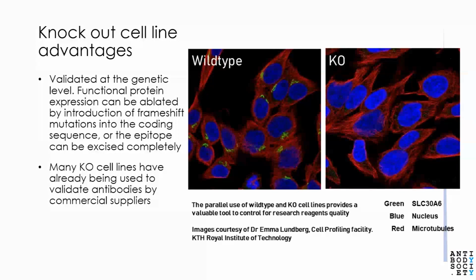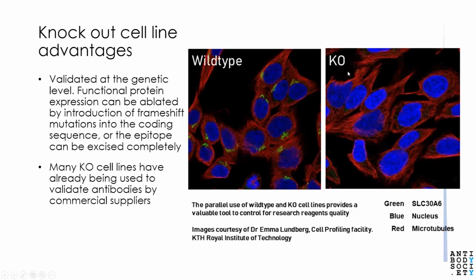And so what we have here in the panel on the right is images of two different cell lines. One is our wild type cell line, which expresses all of the protein of interest, which is SLC30A6 in this instance. And as you can see, we have a blue stain representing the nucleus, a red stain that represents the microtubules, and then this green immunofluorescence that represents this SLC30A6 protein in our wild type cells.